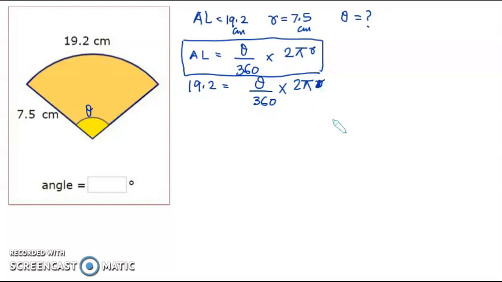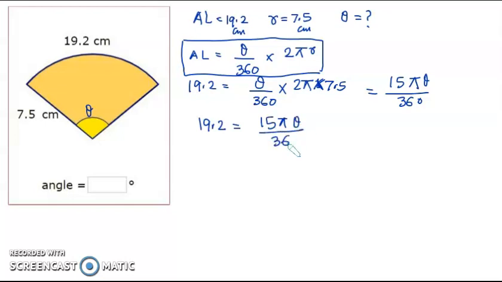So arc length 19.2, theta you have to find. This is 360, and this is 2 pi r. R here is 7.5. So ultimately you are getting 7.5 times 2, 15 pi, and theta by 360. That is 19.2 is equal to 15 pi theta by 360.